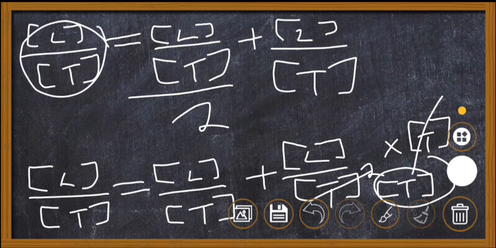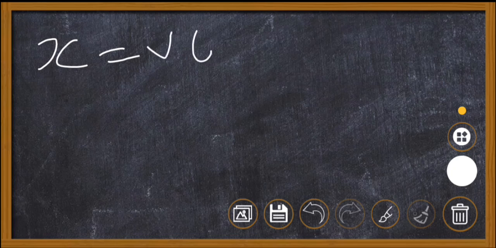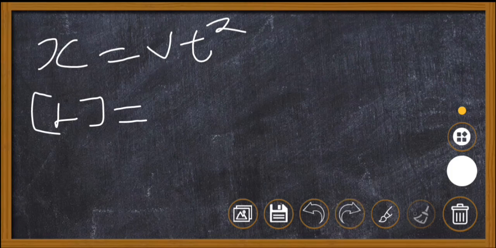So this is basically how we replace in the given formulas. Let's look at another example. Let's say we have x equals to vt squared, where x represents distance or length. So we know that this is going to be replaced with L, equals to, where there is velocity here, we know that velocity is meters per second.